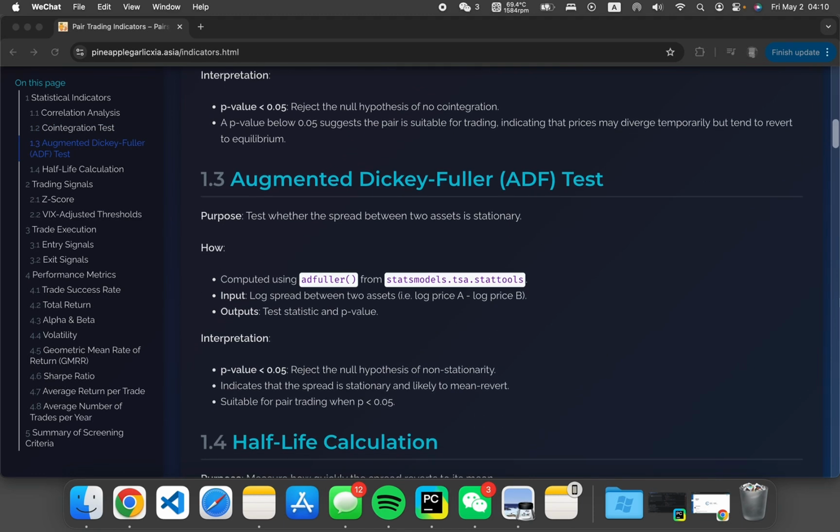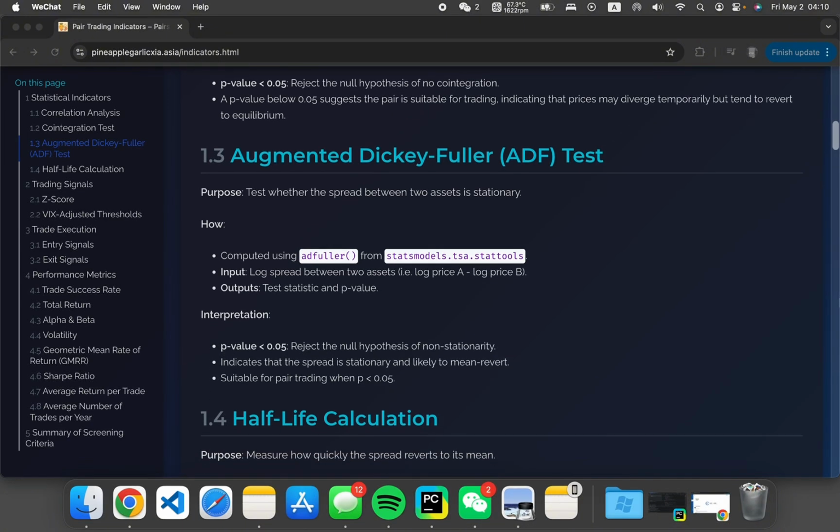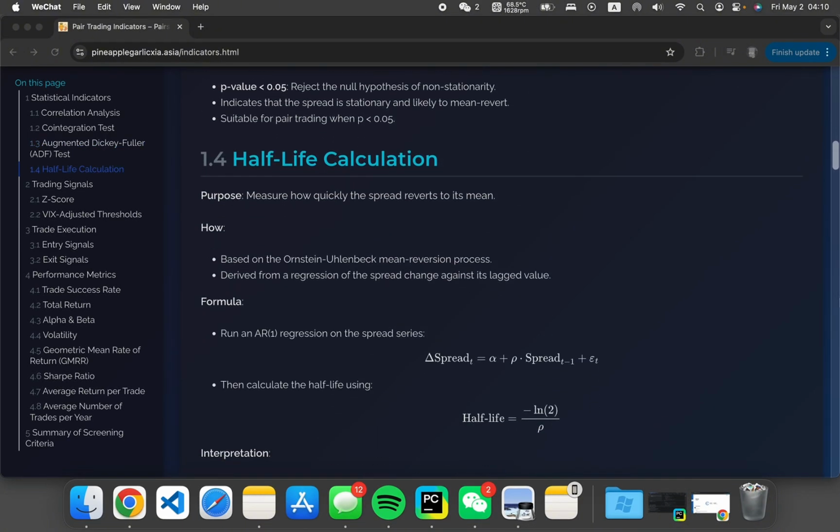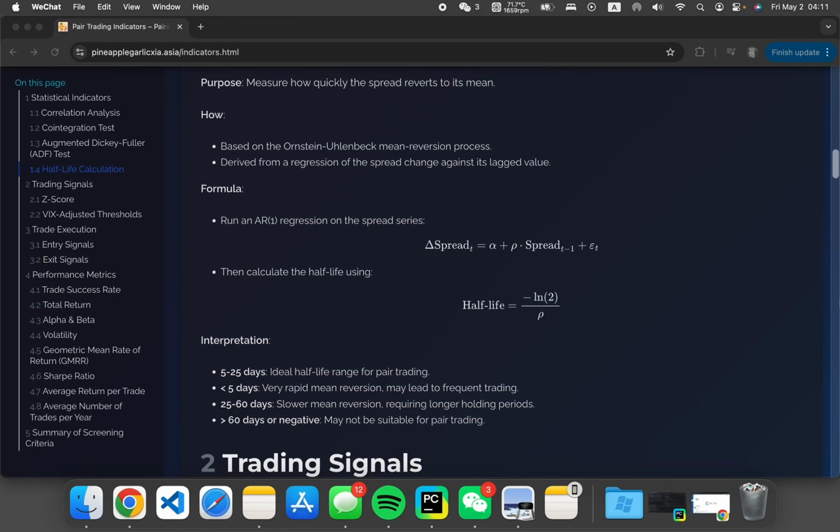For the ADF, that tests that the log price spread is stationary, another requirement for mean reversion. And the half-life calculation estimates how quickly deviations revert, guiding our maximum holding period, ideally between 5 to 60 days.